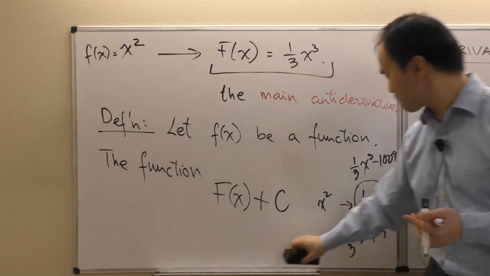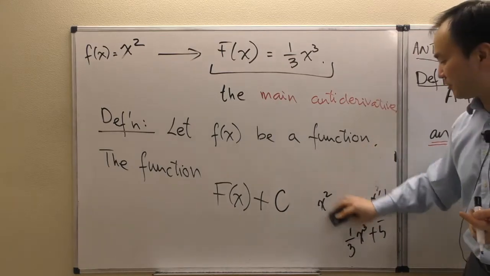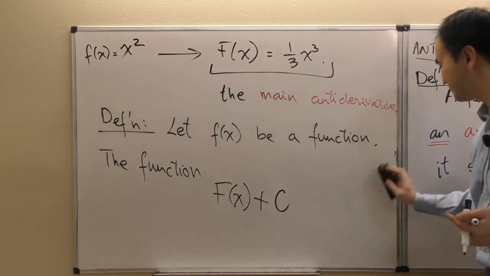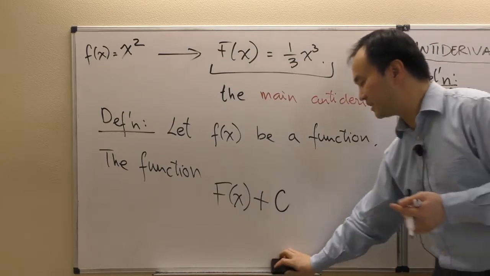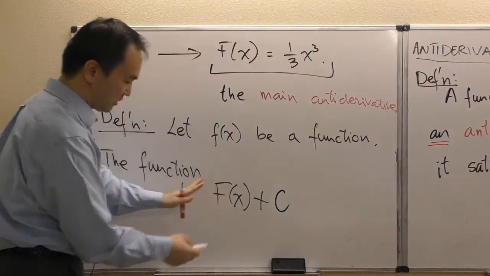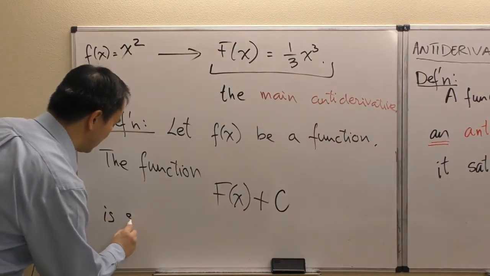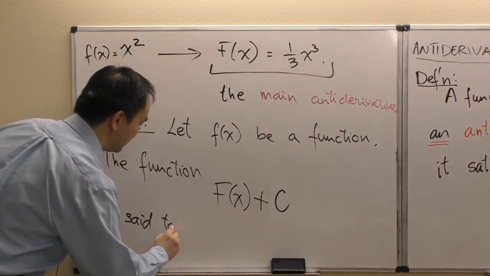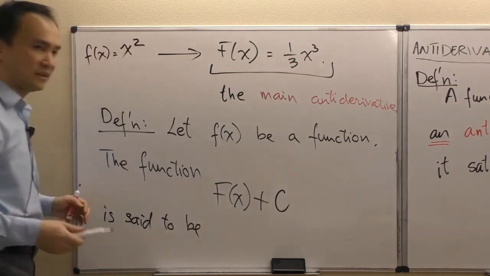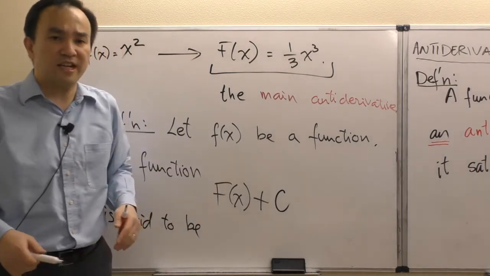Now allow me to erase this little reminder, and then I'm going to complete my definition. So this function, in that form, is said to be, what do we call this thing, the whole family instead of just one guy?